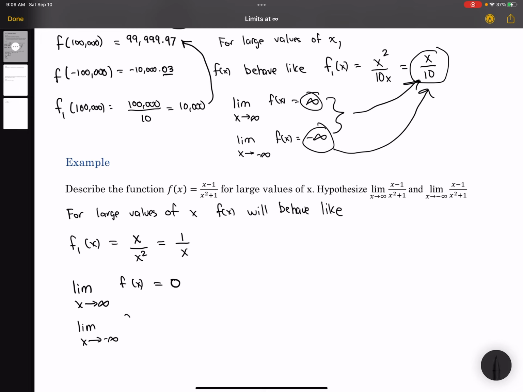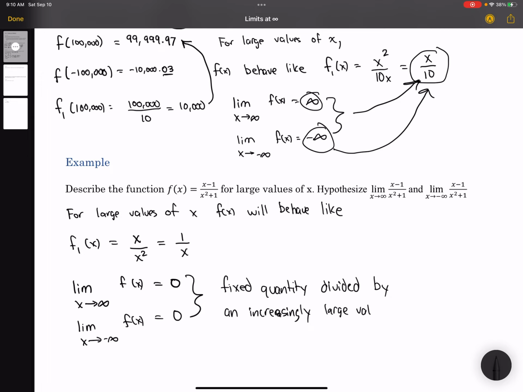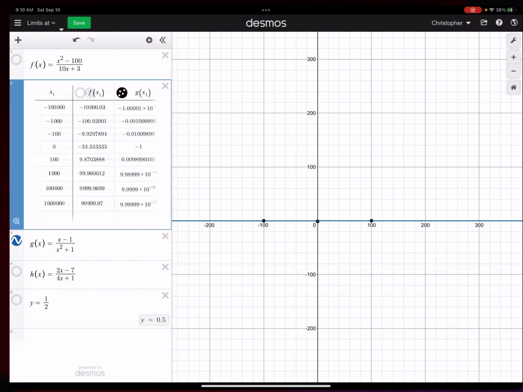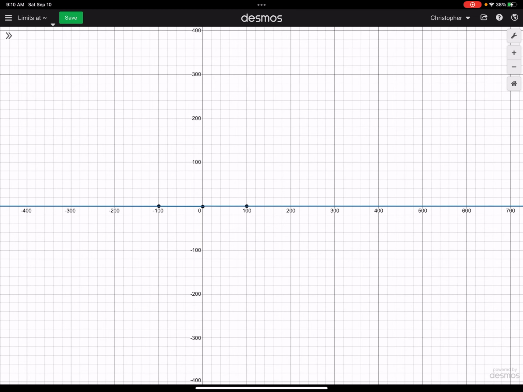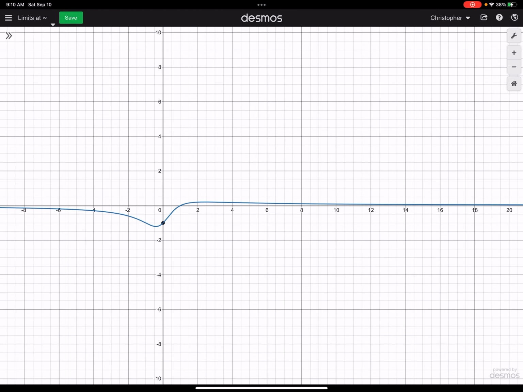Both of those limits are 0 because what we have is a fixed quantity divided by an increasingly large value. And so again, if we look at that graph, it's going to tend toward 0 in both directions. So it's almost on the x-axis, which is y equals 0, our output value.